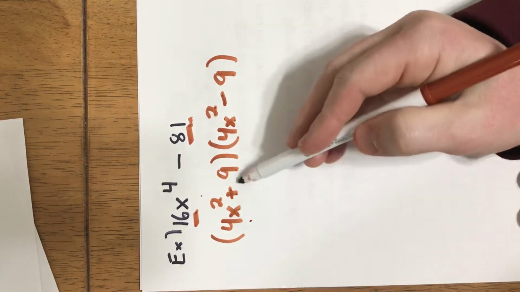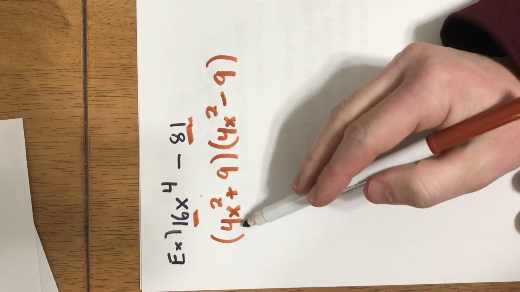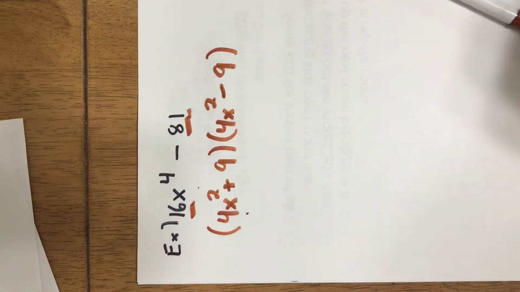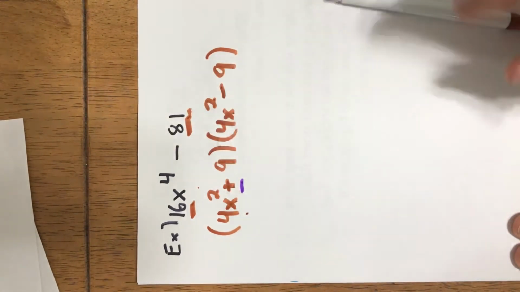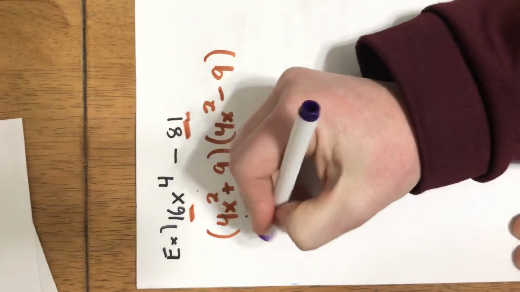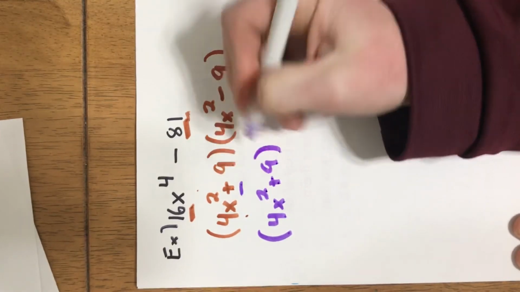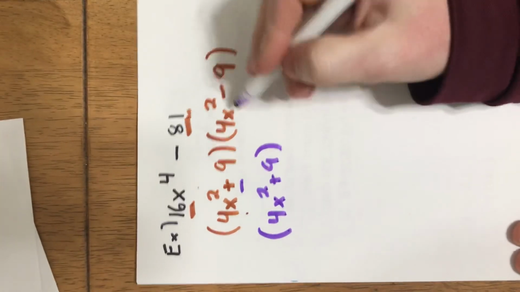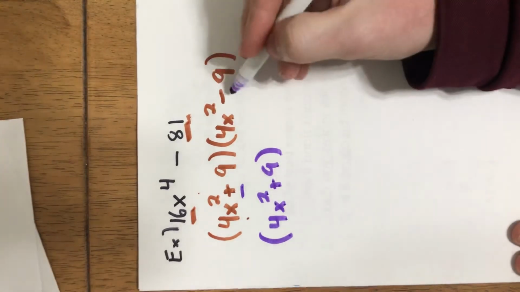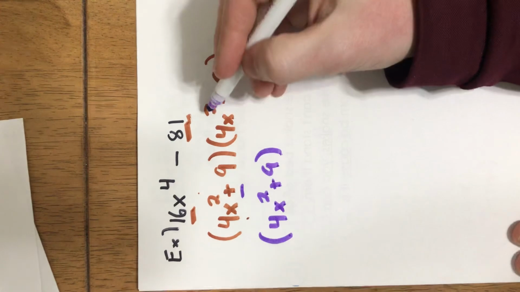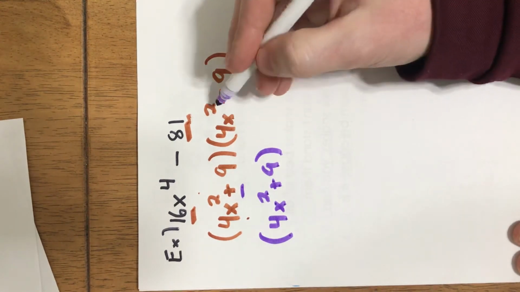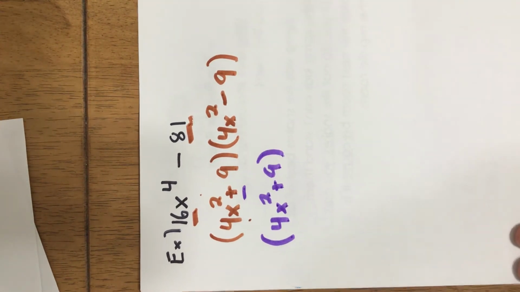So I'm looking and I have 2 terms again. 2 terms with 4x squared plus 9, except this has a plus on it, so I can't do anything there. So that's still just going to be 4x squared plus 9, no further for me to go. But this one, I have 2 terms, I have a difference, and I can take the square root of 4 and x squared and the square root of 9.